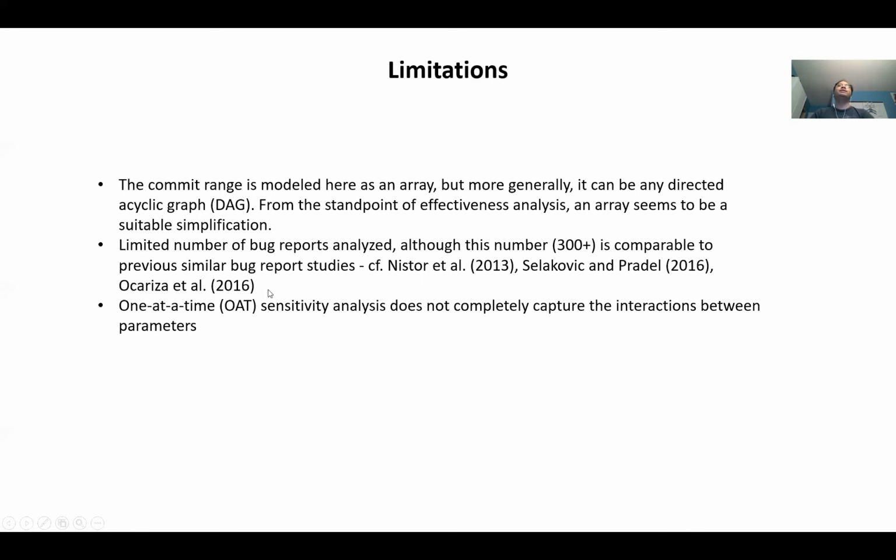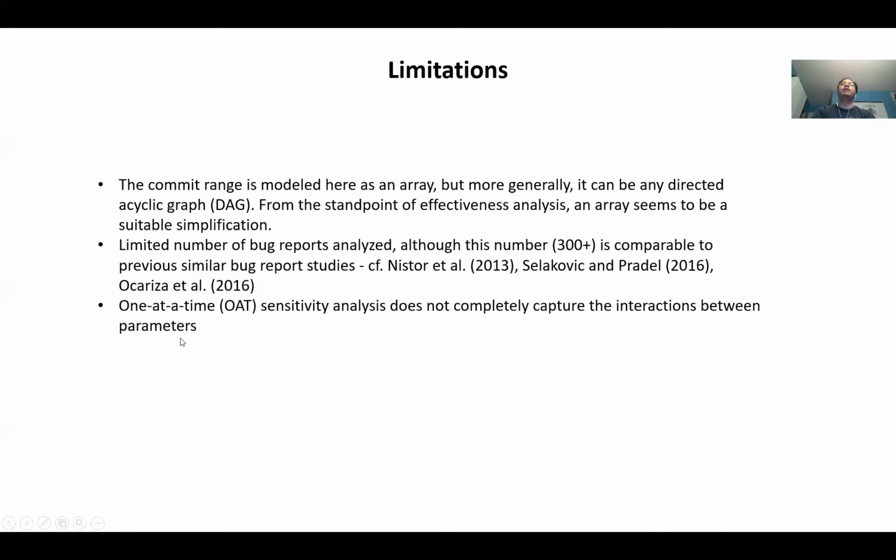The other limitation is that there's a limited number of bug reports that has been analyzed. But one thing to note is that this number is fairly comparable to previous bug report studies that have been conducted, including one that I conducted on JavaScript bugs in web applications back in 2016.